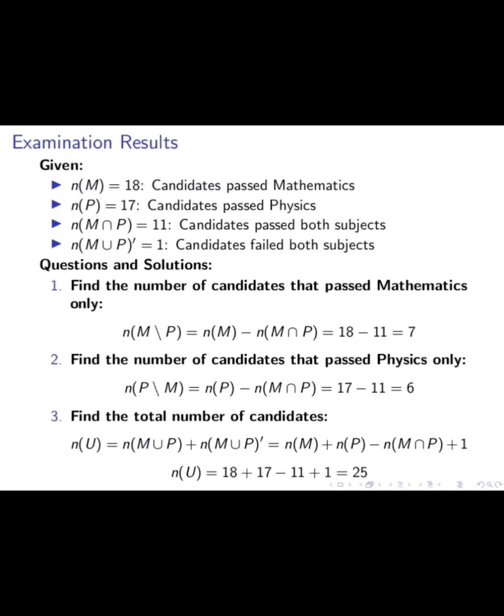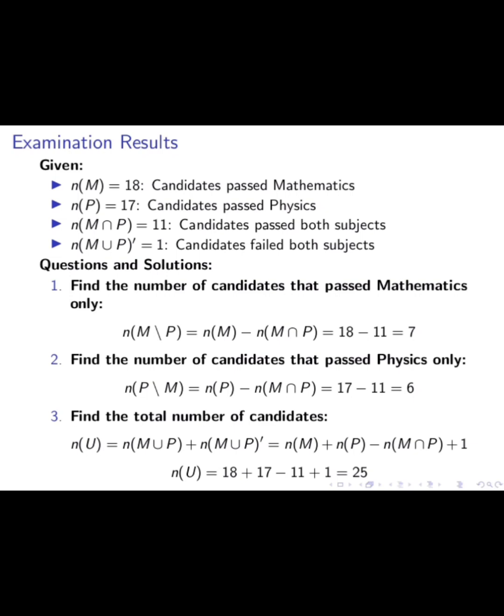But let's quickly do the first one. The first one is the cardinality of mathematics given P. So that slash symbol means given P, provided that we have students that pass physics. So that is equal to the cardinality of mathematics minus the cardinality of mathematics and physics.